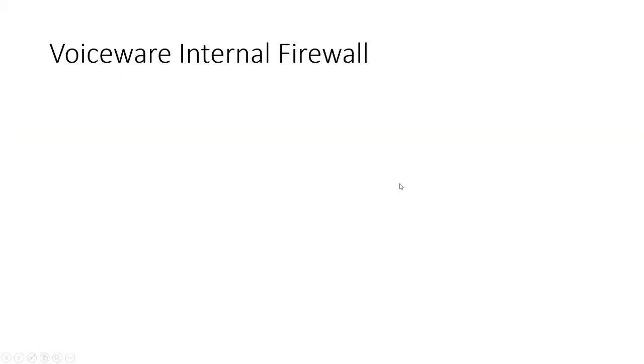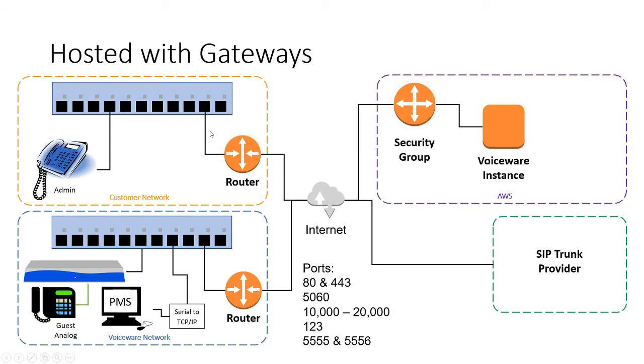There's one additional thing, though, that complicates things just a bit. Voiceware itself has a firewall built in, and we've not talked about it thus far because it's not been relevant. Going back to our picture, if I want to make a call from this admin phone, I need the connection not blocked by this router, which it usually won't be, but then it's passed over the internet, and this connection needs to be allowed here, which I can do by opening 5060 and the 10,000 to 20,000 range.